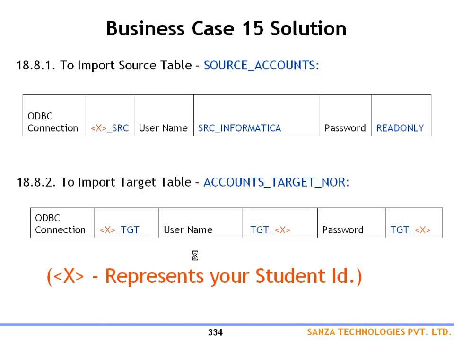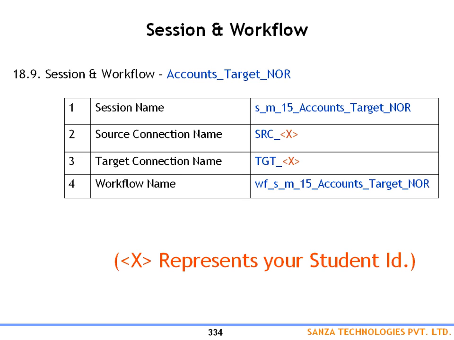So import the source and load the data into accounts target NOR, business case 15, and continue writing the session workflow also. Source connection is SRC, target connection is TGT. Fifteenth business case, source connection name and target connection name, the workflow.